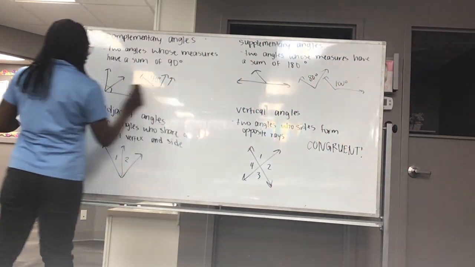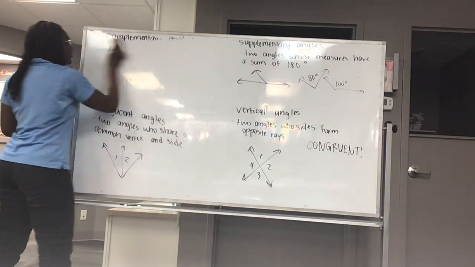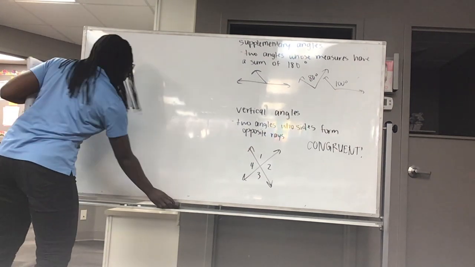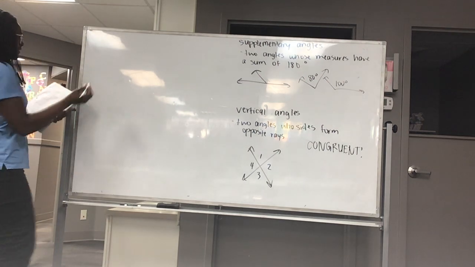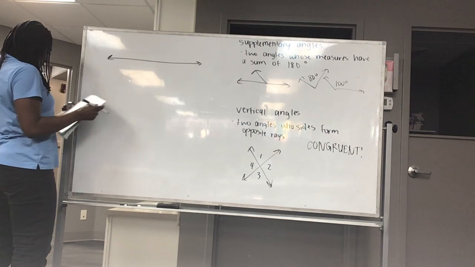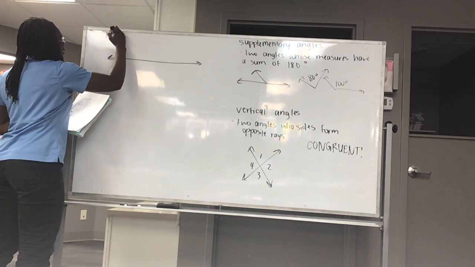I'll start over here. So we're gonna do an example, not really an example, kind of just a math problem. I'm gonna see if you guys can do it on your own. Let me write the question.